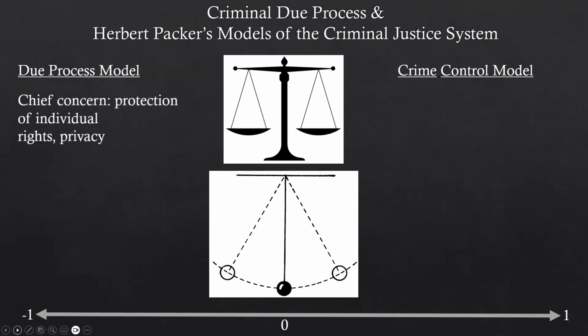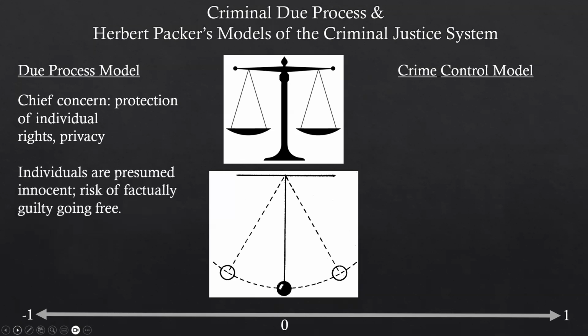If you remember the due process model, the chief concern is the protection of individual rights and freedom. Individuals are presumed innocent, and the government has to jump certain hurdles, or go past certain obstacles, before they can take away a person's freedom. And that is part of the due process model, upholding the integrity of the system.